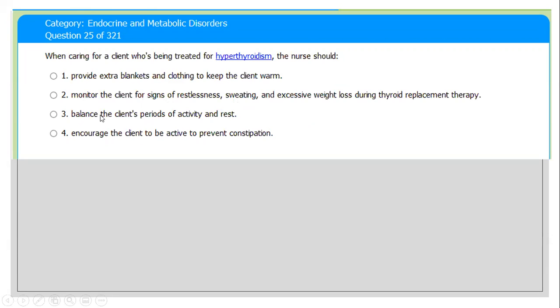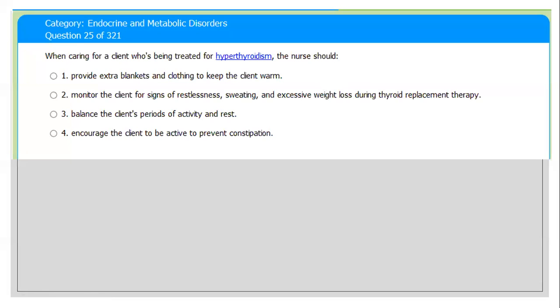Number three, balance the client's periods of activity and rest, encouraging the client to be active to prevent constipation.